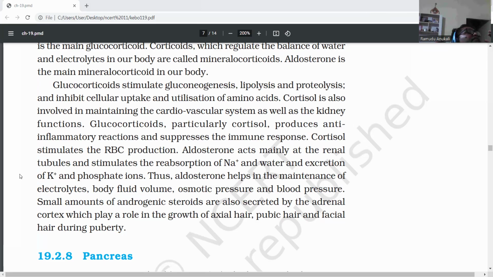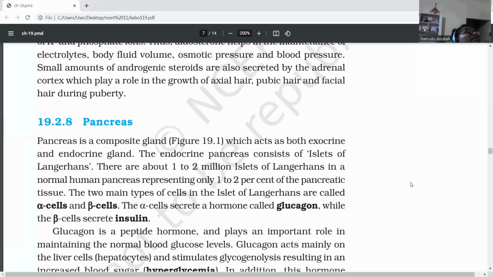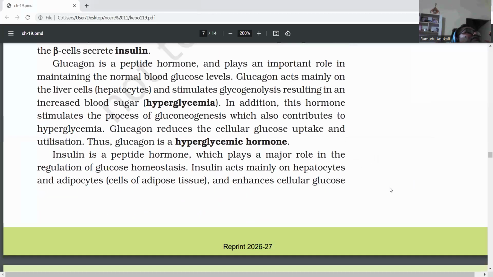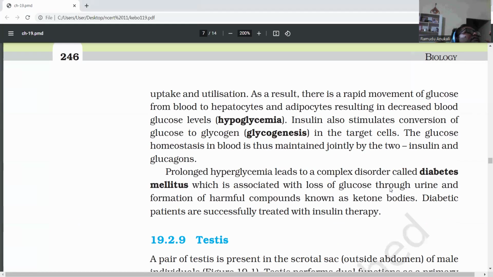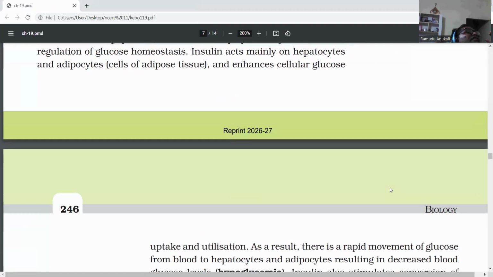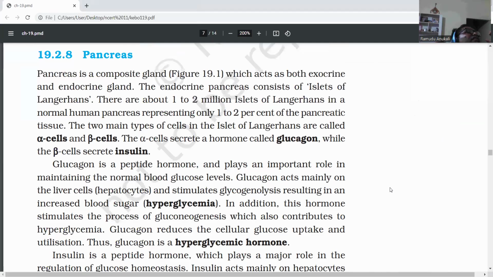Now let us go to the pancreas. So when you take the pancreas, it is a mixed gland.